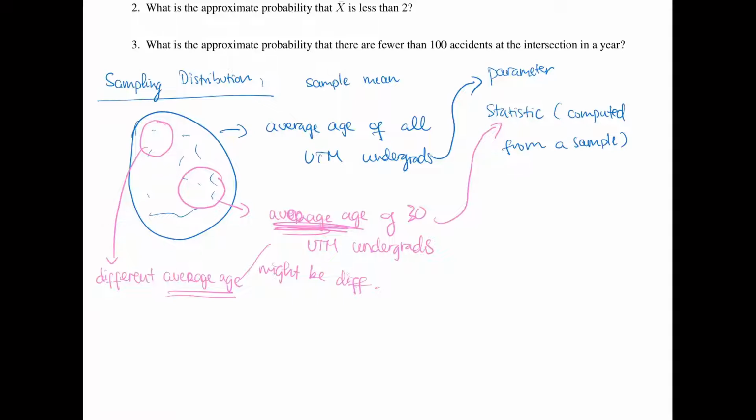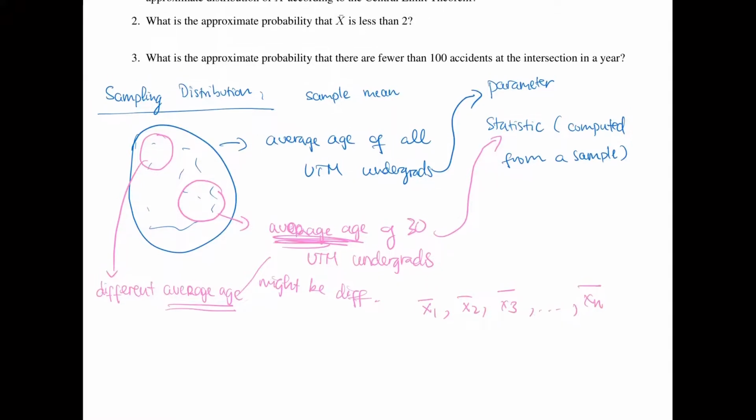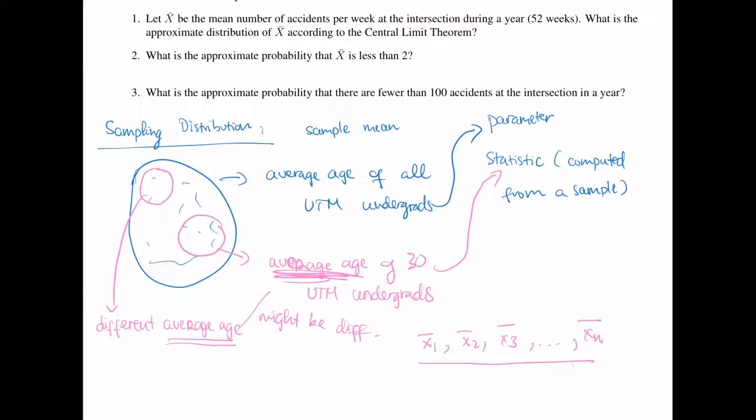So you will have different average ages, from group 1, from group 2, from group 3, to group N. And then you graph the distribution of these sample means in, let's say, a histogram, where the x-axis represents the average age of a group of 30 UTM undergrads.